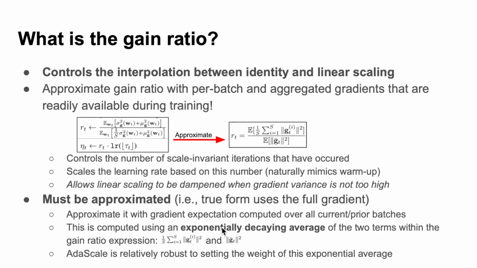You can see similar things with how momentum works and other related things in machine learning. Exponentially weighted averages are very common. So the authors propose that we use this to track this term and update our gain ratio throughout training. And they also show in the ablation that AdaScaleSGD is actually robust to the decay ratio that you set for this exponentially decaying average.